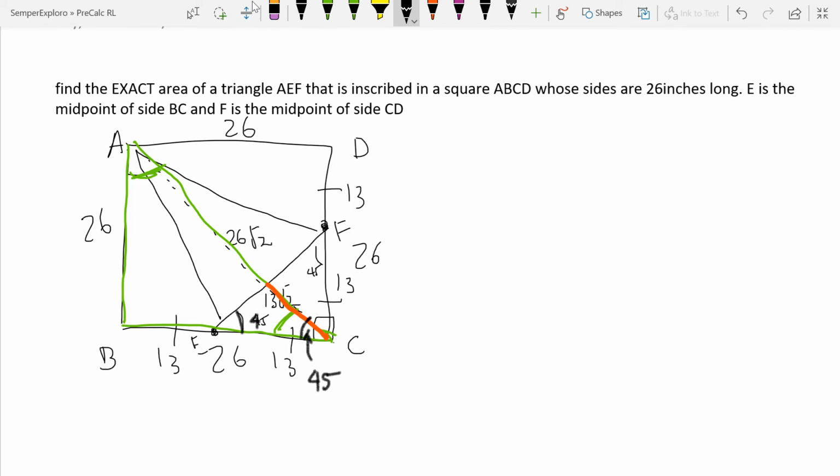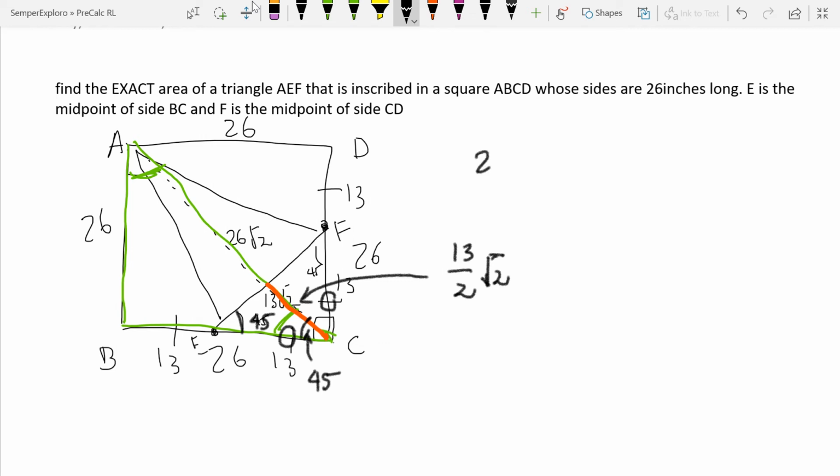This is 45 from what we proved earlier, because these two sides are the same. I know this drawing is not to scale, so this must be 13 divided by 2 times root 2. So that's this.